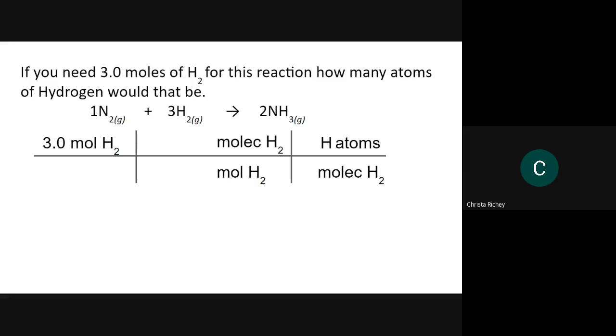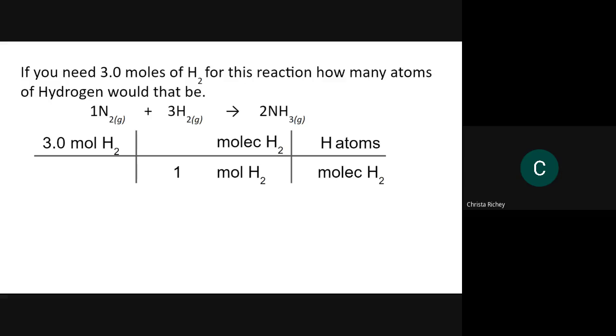Like I've said repeatedly, the hardest part is teaching you the process. Once you understand the process, chemistry is so easy. It's so simple, especially if you have an analytical brain like I do. For moles of hydrogen gas to molecules, 1 mole has how many pieces?